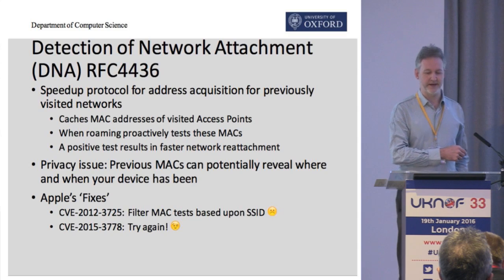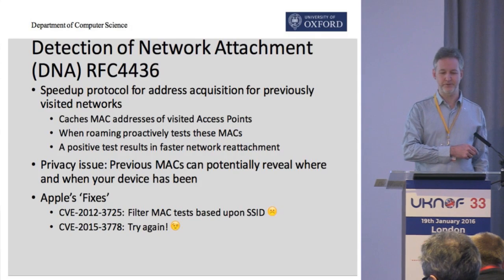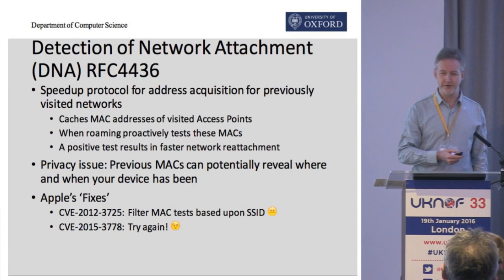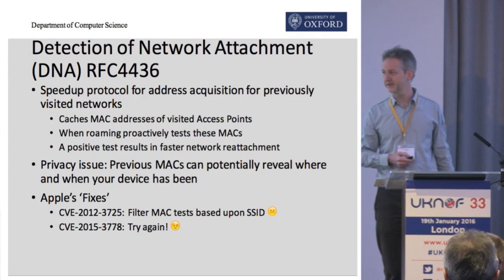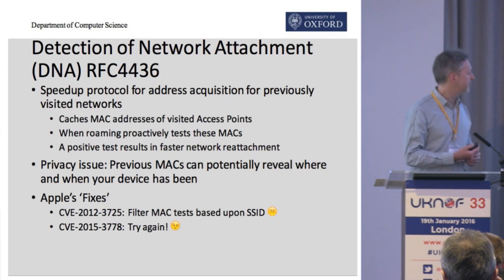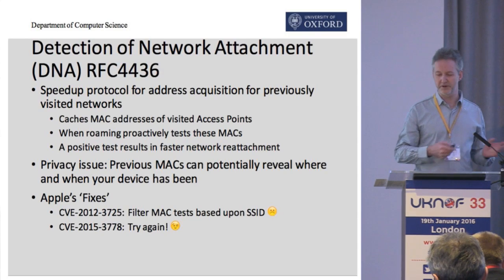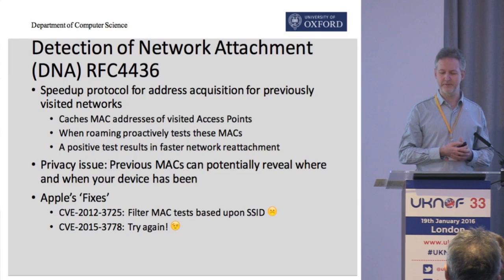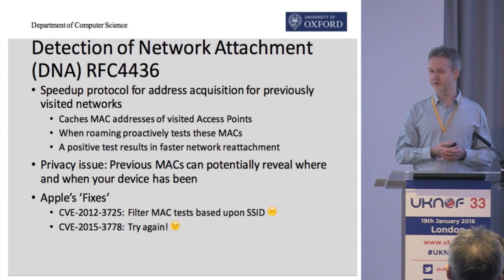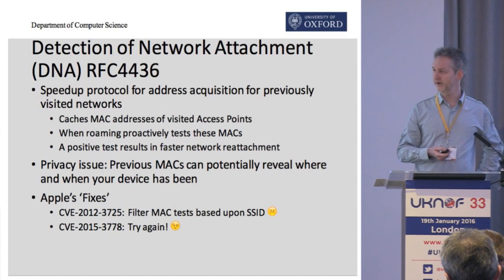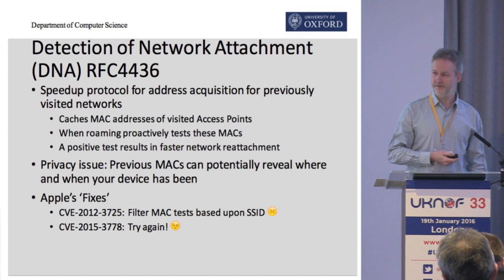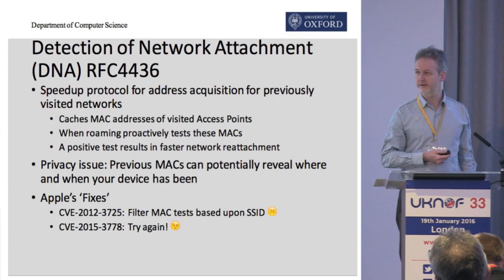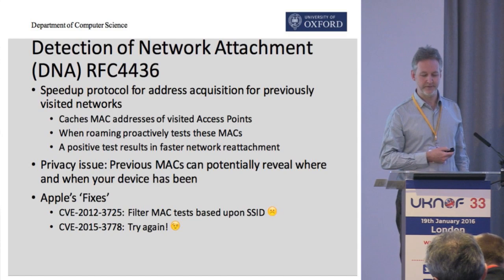This protocol DNA, RFC 4436, I had a little poke around into this, and basically it's a speed up protocol for DHCP. It was standardized in the IETF, and Apple were the main driver, although there were others on it, and it's implemented in all Apple products, iOS and OS X, and also on Google Chrome OS.